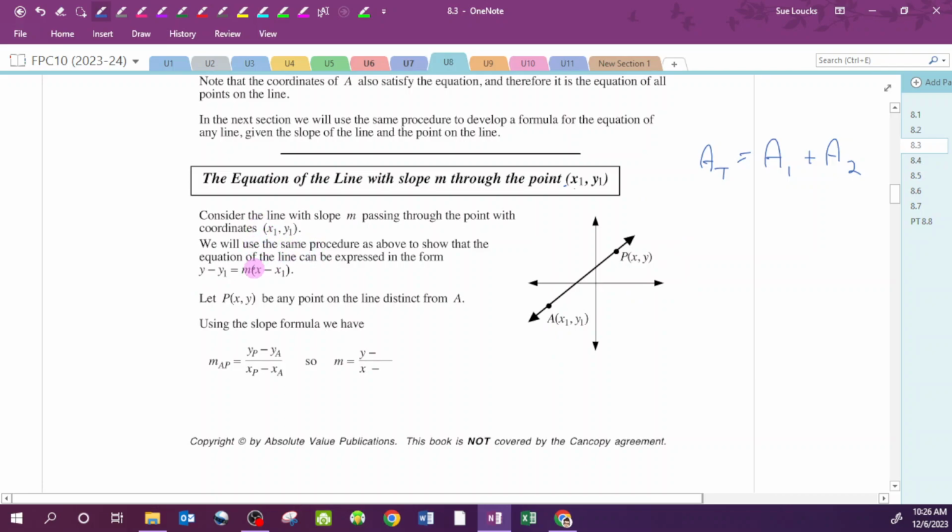Let's look at the equation. So when we look at this, the skeleton of the equation, the part that doesn't change, is y minus equals x minus. That part all belongs to the equation. The y1 and the x1, oh, I should have a bracket here, sorry.